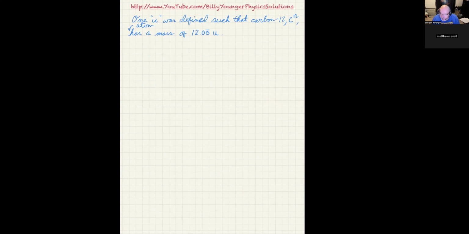Now, what that means is carbon is made up of 12 protons and neutrons total. That means six protons, six neutrons. Now, a proton and a neutron don't exactly weigh the same. They're pretty close, but not exactly the same. But the big thing is they weigh about 1,000 times more than the electron does.